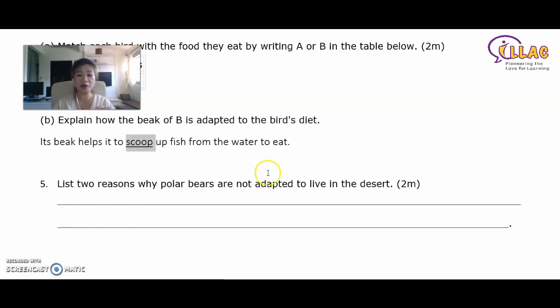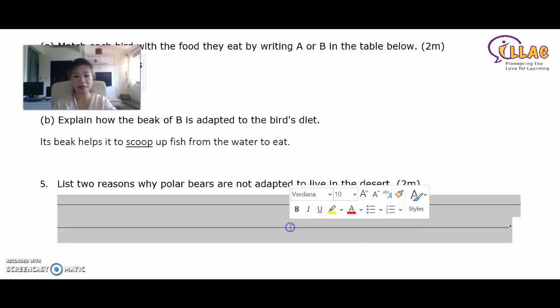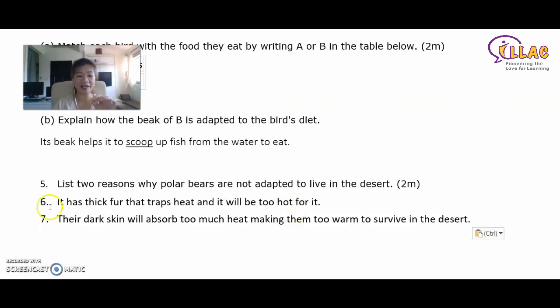Give two reasons why polar bears are not adapted to live in the desert. This one you need to know: why are polar bears designed the way they are? They have thick fur, they have a thick layer of fats, and they actually have dark skin, in case you are not aware. They have very dark skin under their white fur. I'll show you a picture later. But basically, if they are adapted to live in winter, they will not be adapted to live in the desert because it will be too hot for them.